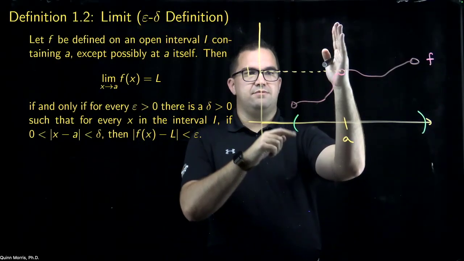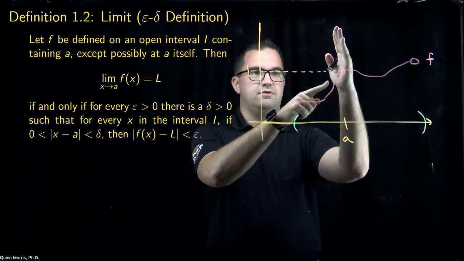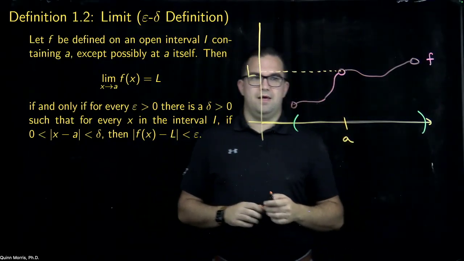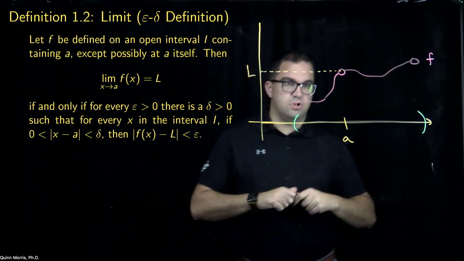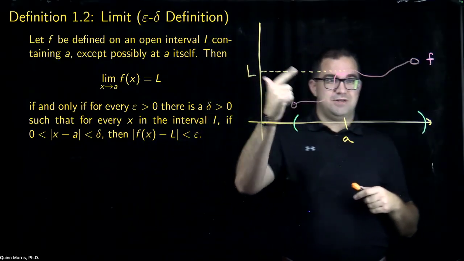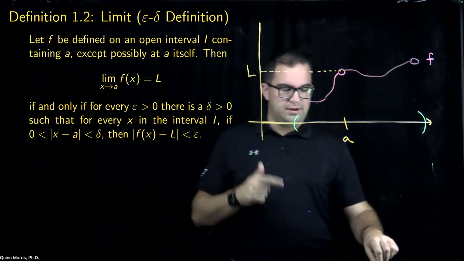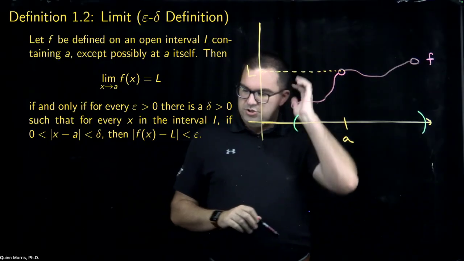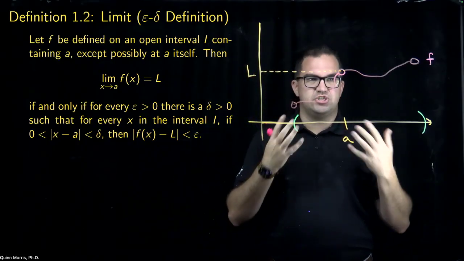Notice the same thing is happening from the other side. My function values seem to be approaching this same level here. So that's my limit L. Again, we've used that conceptual definition to help us think about where L ought to be. Now, how does this formal definition work? I think of it as a challenge.